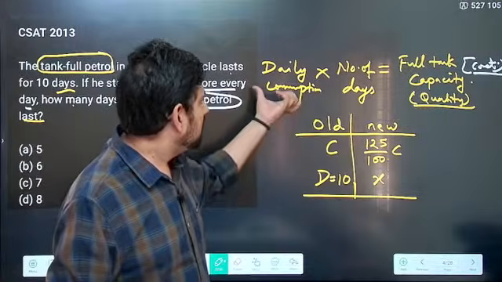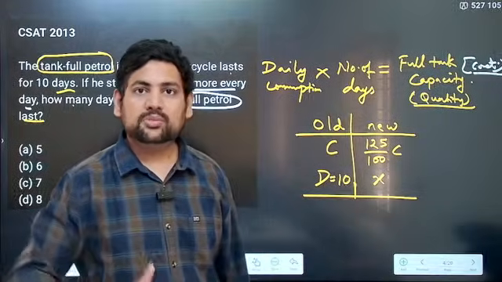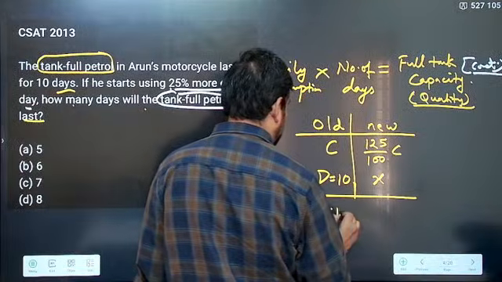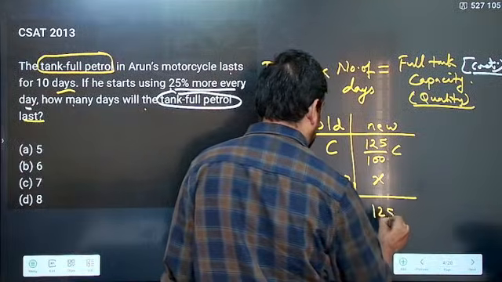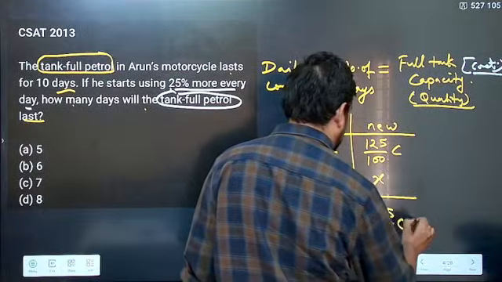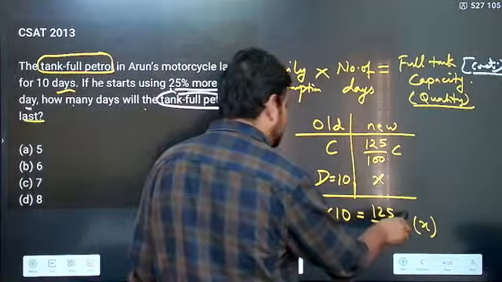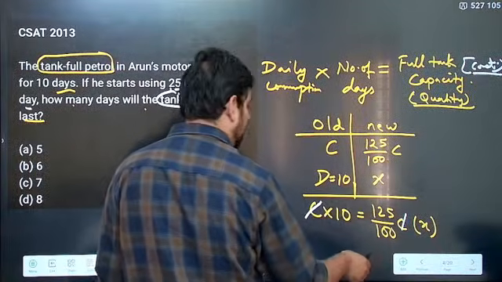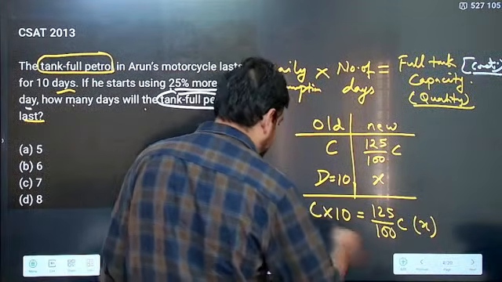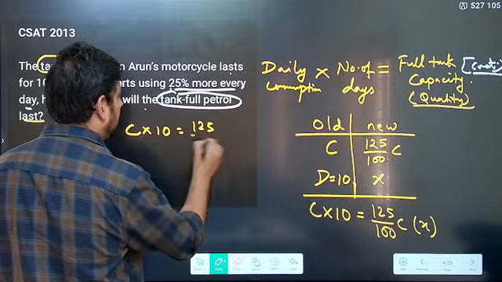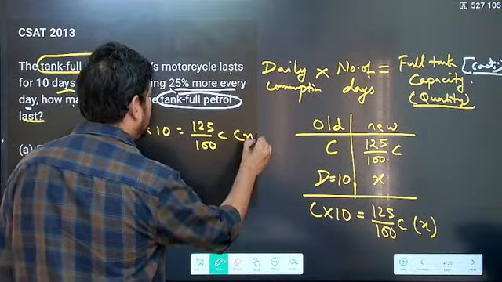Now according to the question, daily consumption into number of days has to be constant. So this becomes C into 10 is equal to 125 by 100 C into X. Correct? Very clearly, C and C you can cancel out.